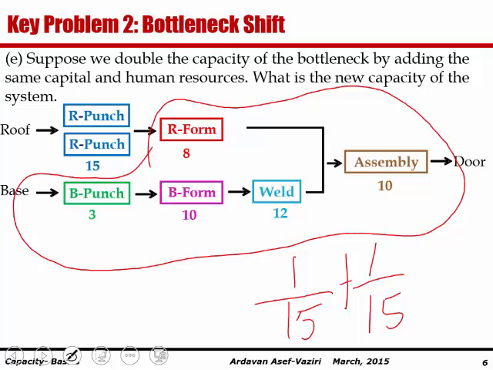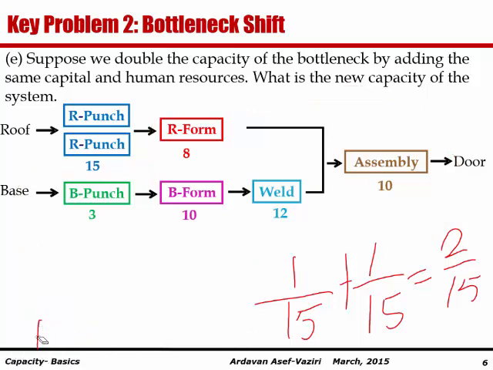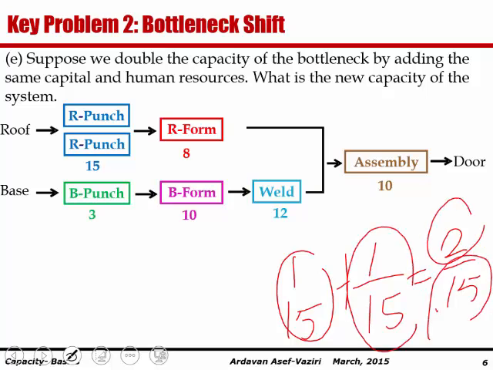Therefore, capacity is equal to 2 over 15. And 2 over 15, when I multiply it by 60, will be 8 per hour.